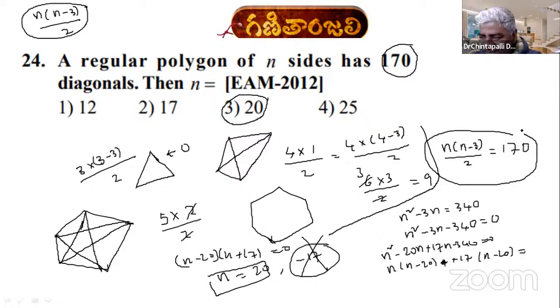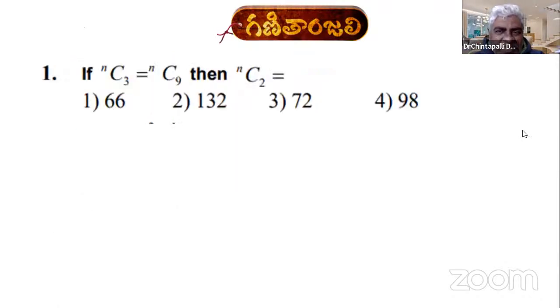What about 17? 17 times 17 minus 3 by 2 is 119. So option B is wrong. Option 3 is only correct, it satisfies everything. If you don't know the answer, we can use this method. That's good. Let's move to the next question.